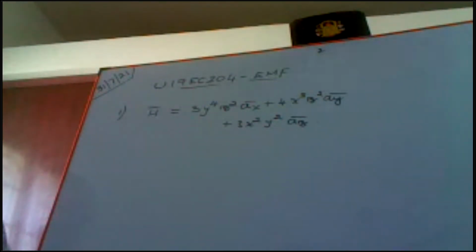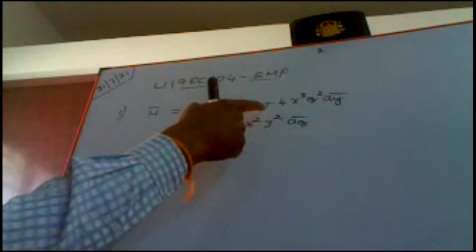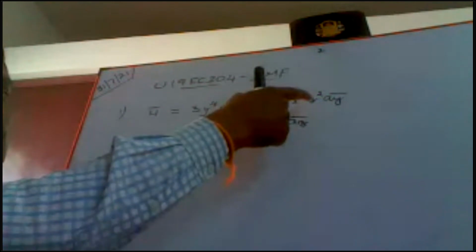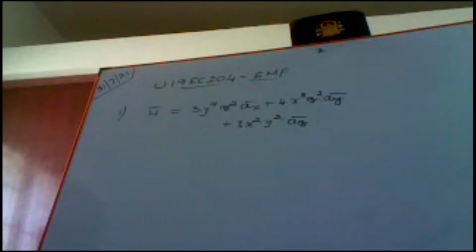No issues, no? 3y to the power 4 z square ax vector plus 4x cube z square ay vector plus 3x square y square az vector. This is the given problem, H vector.